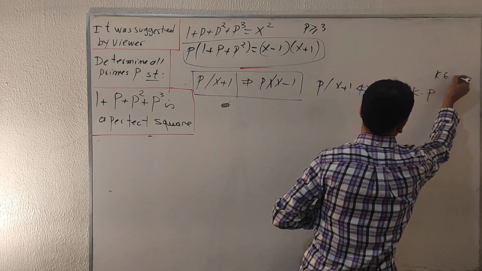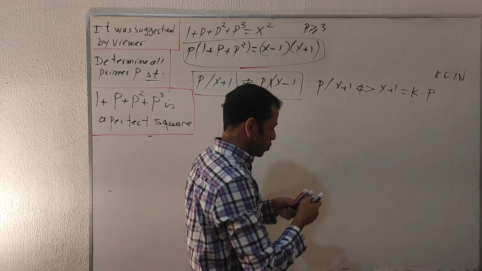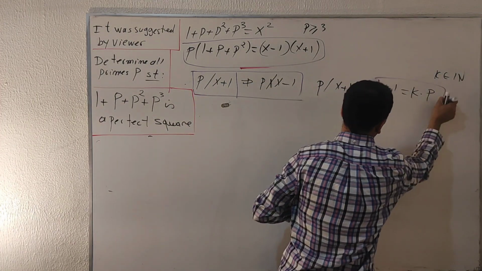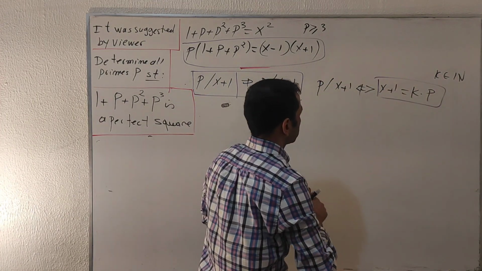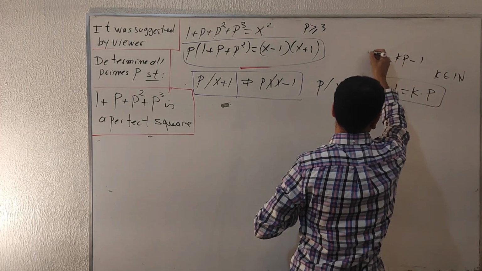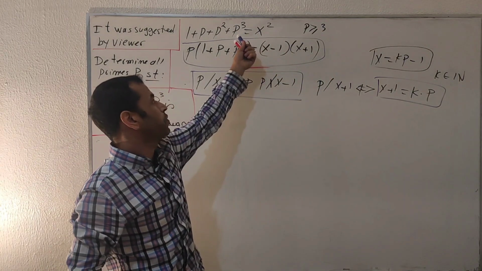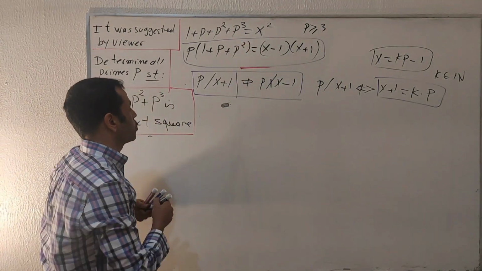What is k? It is some natural number, okay? Then using this fact and taking this x, we'll have x equals kp minus 1. Taking this value of x and inserting it back into the previous equation, which is this one here.